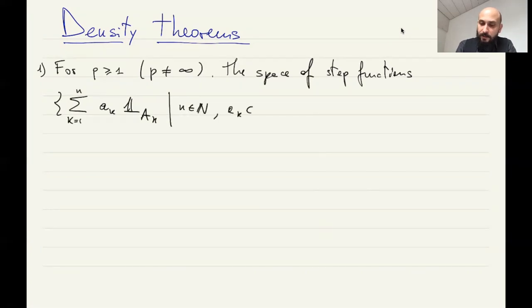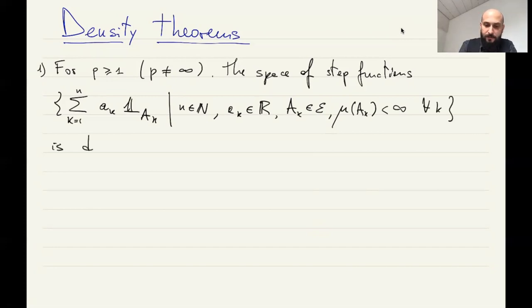The a_k are reals, not only positive, and the A_k are sets in the sigma algebra with finite measure. This is for all k. So this space of functions is dense in L^p.